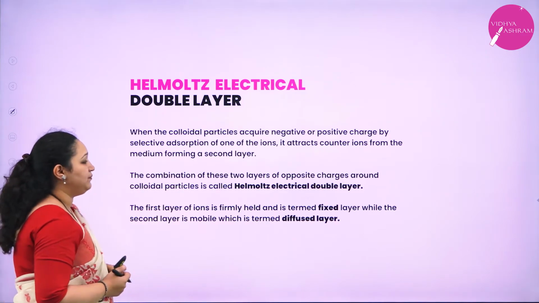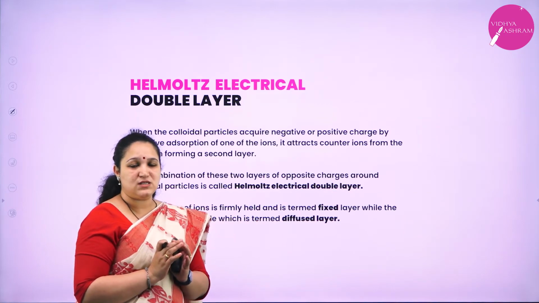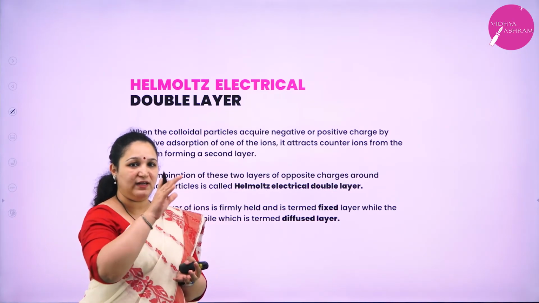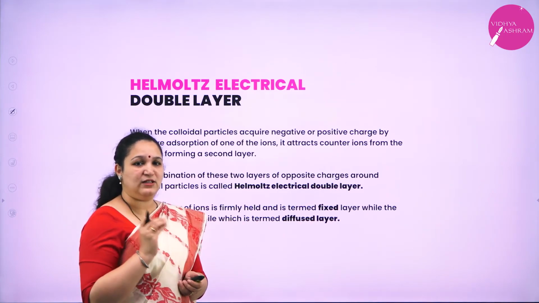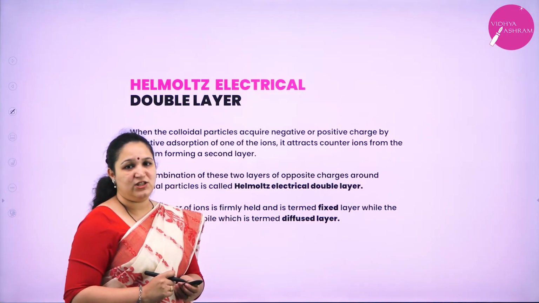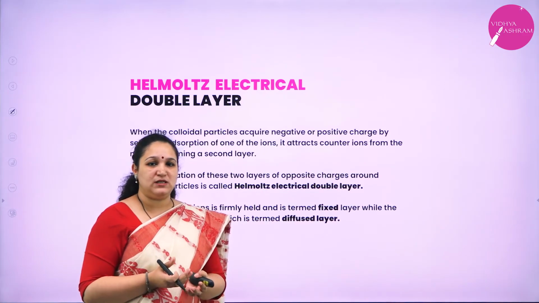Now what is this? I told you all colloidal particles are charged. They have one layer, an adsorbed layer of ions around them, and they will be either positively charged or negatively charged. Now in the dispersion medium there is one more ion which is present, correct?